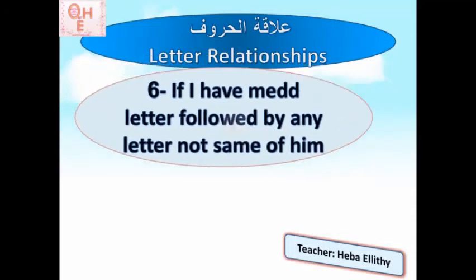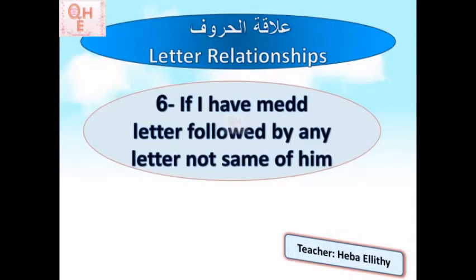Our next point here, if I have a mad letter followed by any letter not the same as it. What do I mean by that? We said in the last lesson we can compare if I have waw mad followed by waw. I can compare this waw with the next waw. If I have ya mad followed by ya with haraka, I can compare these two ya together.